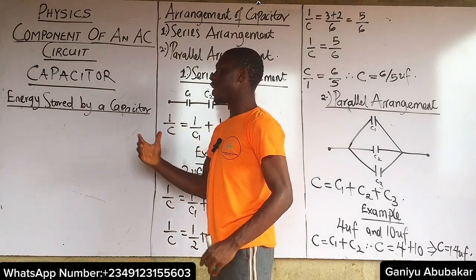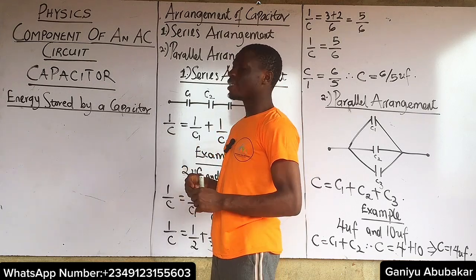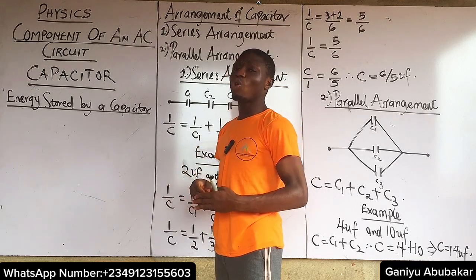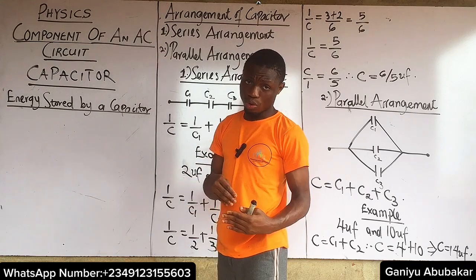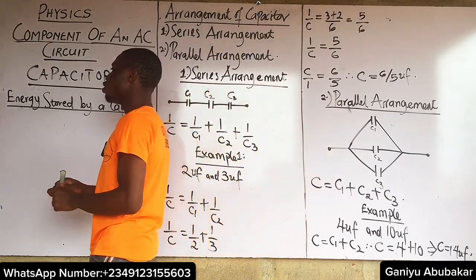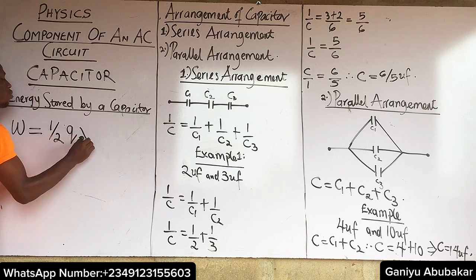Alright, let's discuss the energy stored by a capacitor. So note that the energy stored by a capacitor is also called work done by a capacitor, right? So mathematically, the work done by a capacitor, or perhaps the energy stored by a capacitor, is equal to half QV.